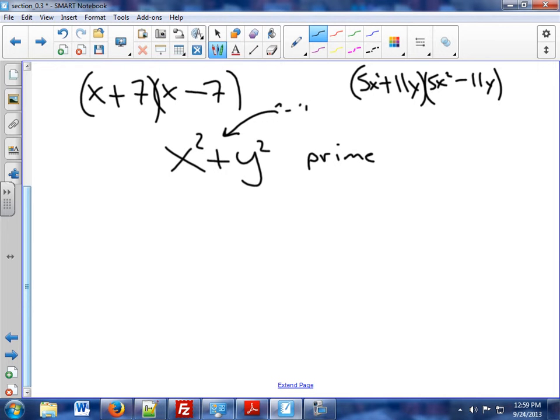And don't forget my favorite problem. Anybody remember what it is? Something with 11 in it. Remember? I like this problem because, is this a perfect square? Yeah. Is this a perfect square? Yeah. So we could break it up.